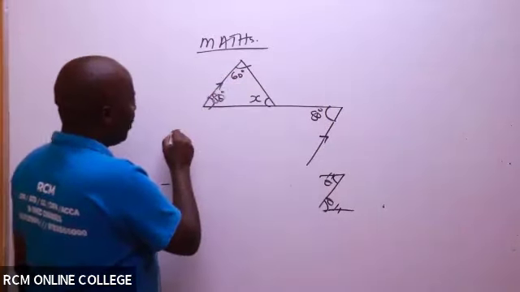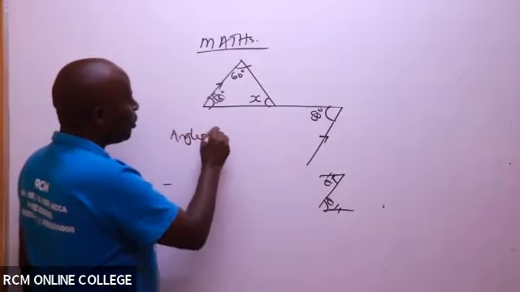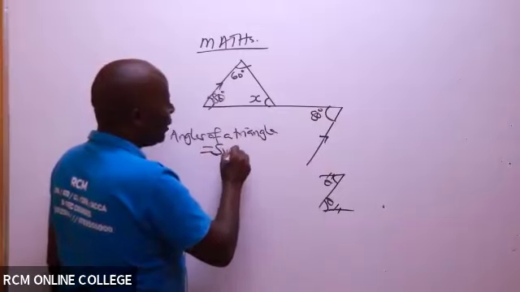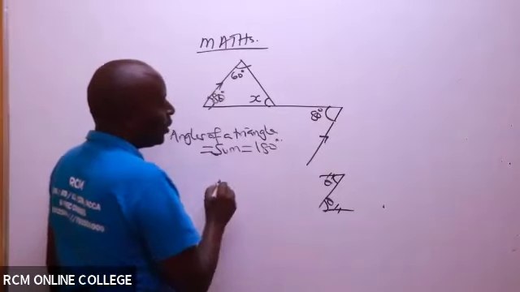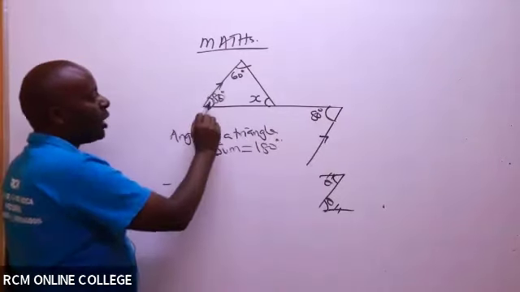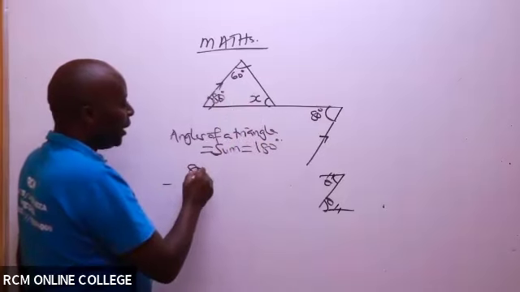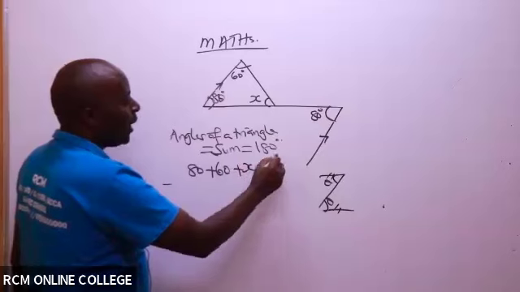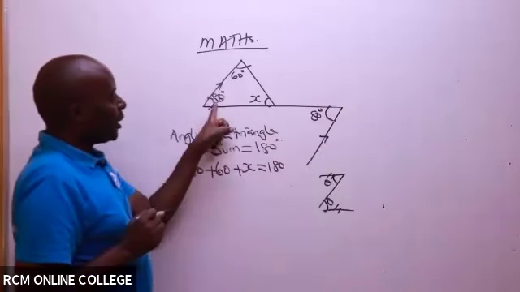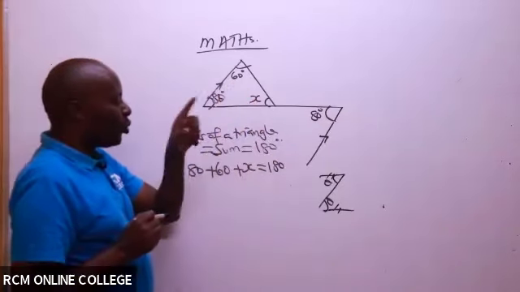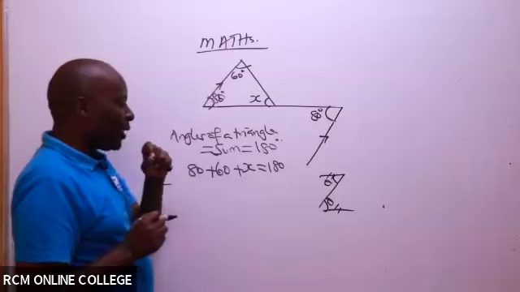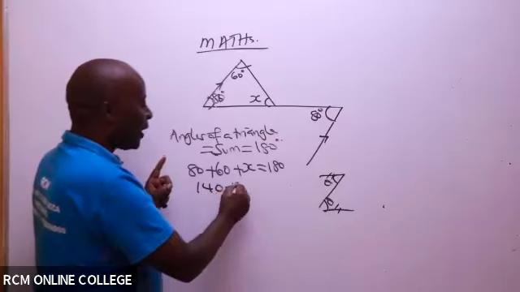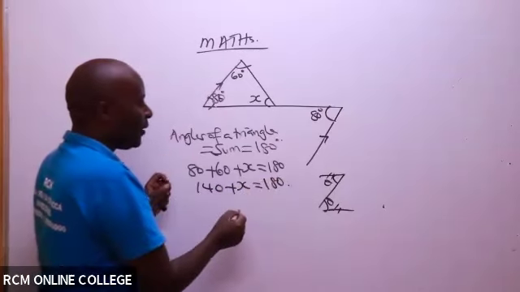Internal angles of a triangle. The sum will always be equal to 180 degrees. So you add the three: 80 plus 60 plus X should be equal to 180. 80 plus 60 is 140, plus X equals 180.